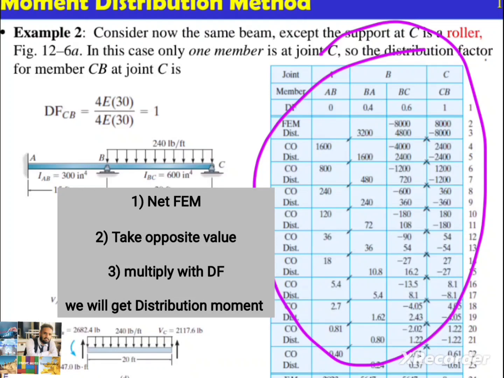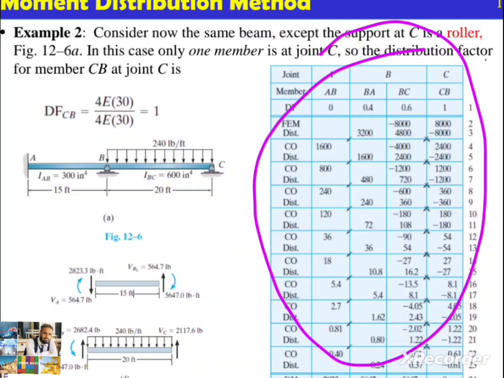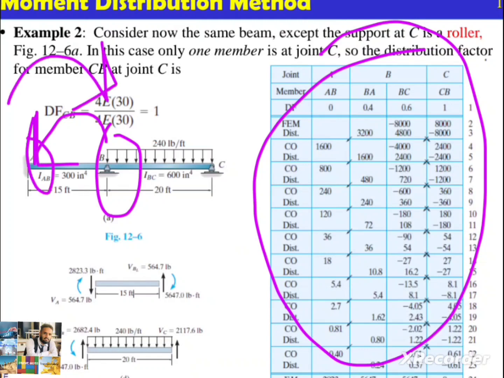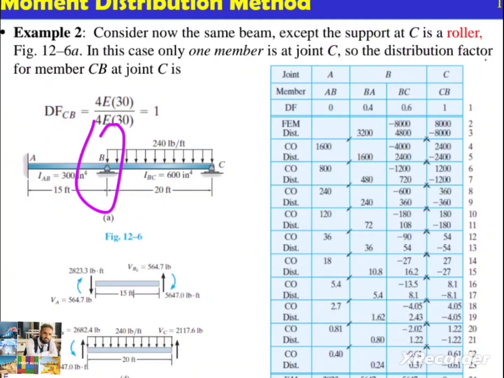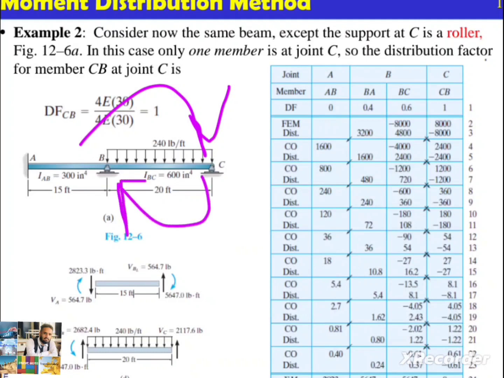For carry over, simply take half the value, meaning from the B side half of the moment will transfer to BA, and from the A side half of the moment will transfer to B. From B to C, half of the moment will transfer to C, and half of the moment will transfer to B. Meaning by what factor? By half, the moment will transfer. So this is the whole procedure for the moment distribution method.